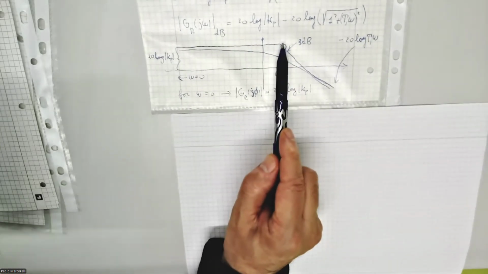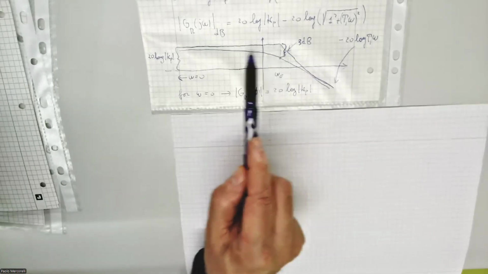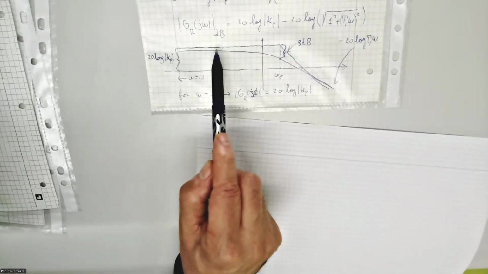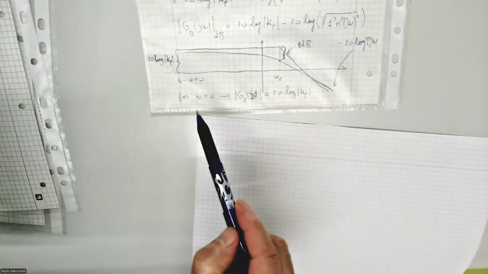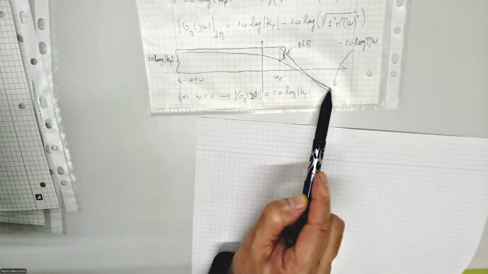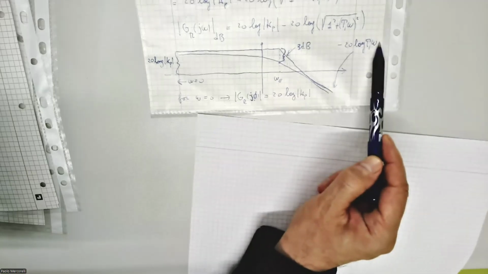But to calculate this point, I have to consider this line which meets this line, because far away from omega infinite it is not anymore this, but exactly this. I show you the calculations. You don't need to memorize, just to understand. Let me see, otherwise I lose material. Here. Okay, here.